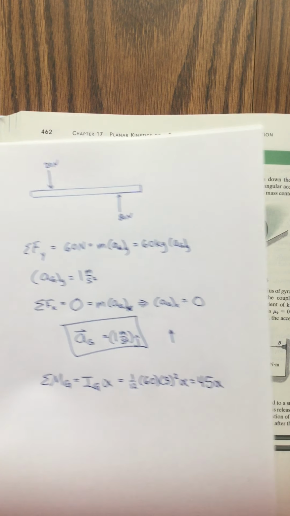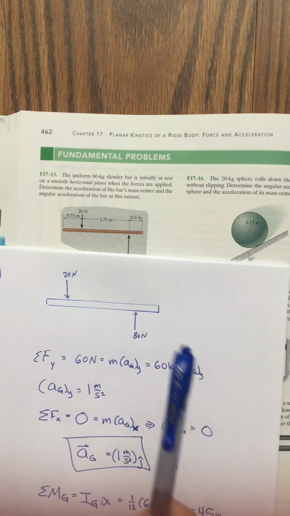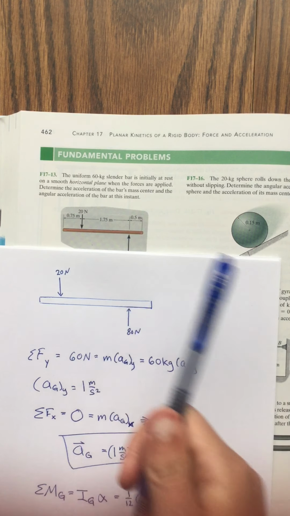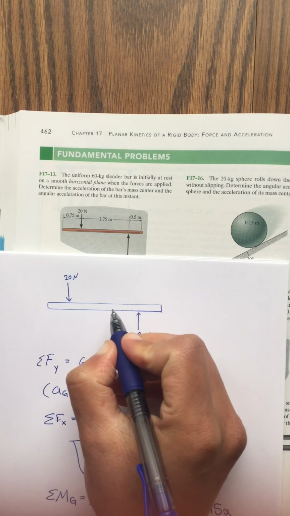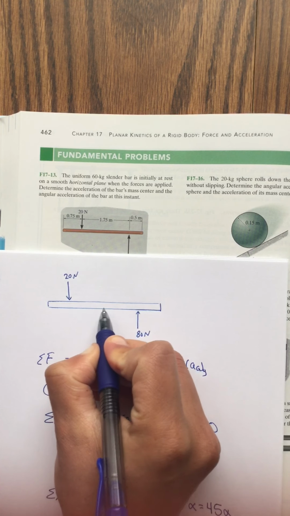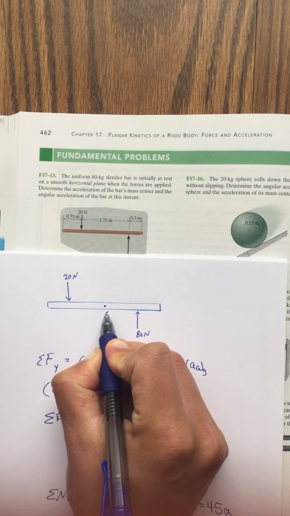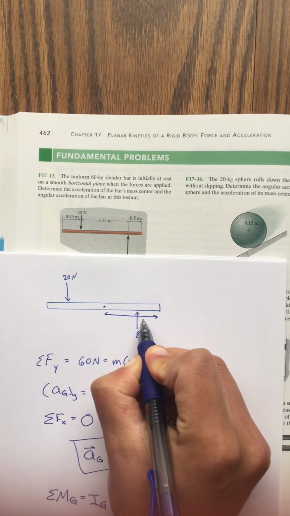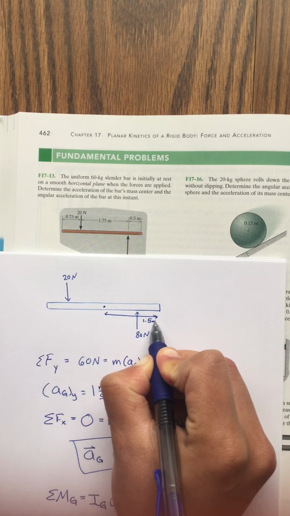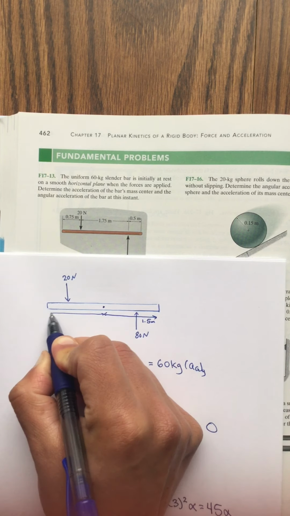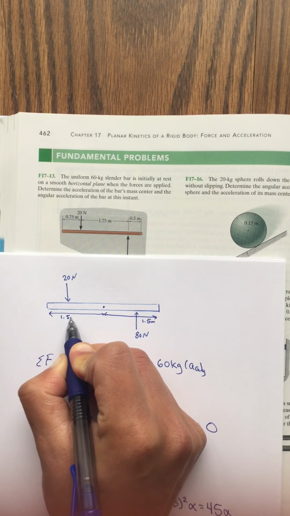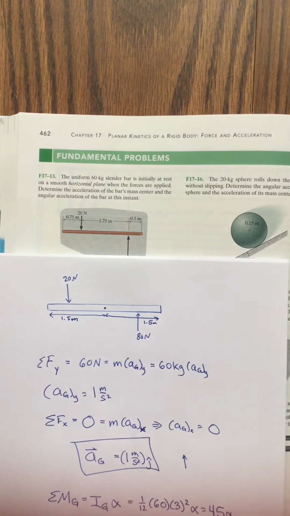Then I have to do the sum of the moments here. So if I look at the diagram that they give me, well, first of all, I'm summing up the moments about the mass center. The total length of the rod is 3, so the mass center is at a distance of half of 3, that's 1.5 meters from this end of the rod, and also at a distance of 1.5 meters from the other end of the rod.